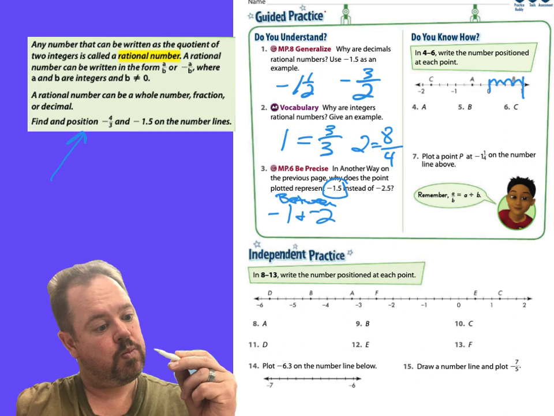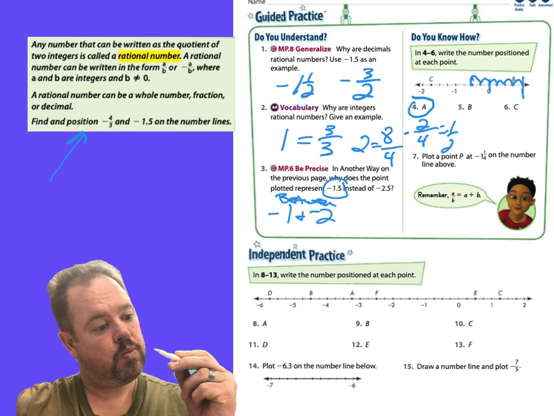So that means our denominator is going to be fourths. So if I'm looking for A on number 4, A is 1, 2 to the left of 0. So if we're dealing with fourths and it's to the left, it's negative 2/4. Or that would be negative 1/2.